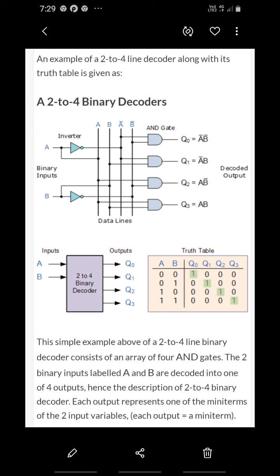In the above circuit diagram, you can take A and its inverter, which is a NOT gate, and B and its inverter, which is a NOT gate. So these are the inputs. Based on the standard SOP form, sum of products, you can write the truth table outputs.